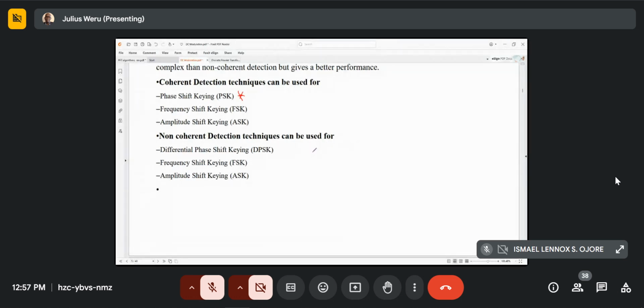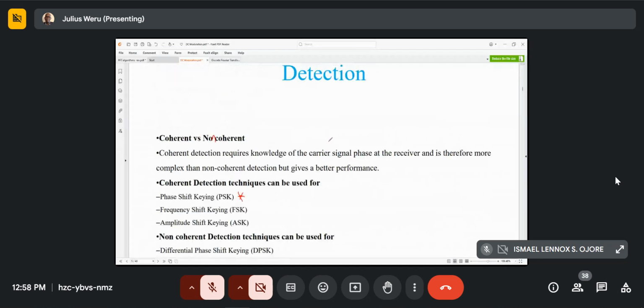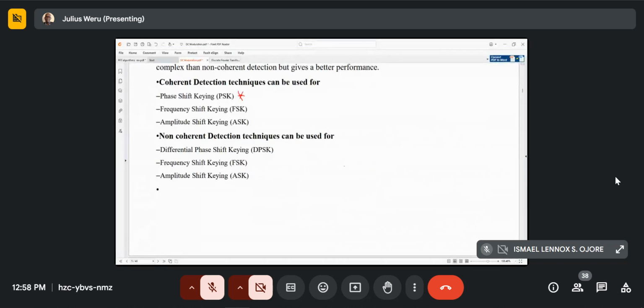I'm sure from analog modulation, you have methods of generating the phase of the carrier at the receiver. One of them is a loop; I've forgotten the name of that loop.